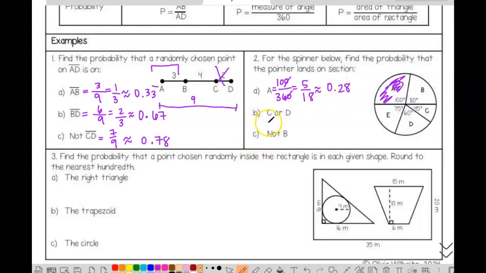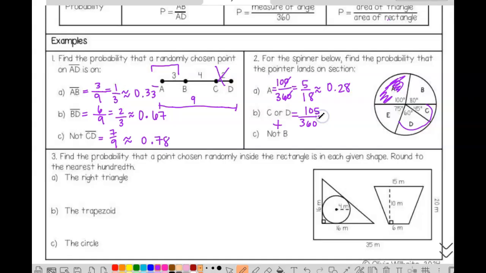Part B. C or D? What does "or" mean? Both. So what am I going to do? Add D and C. What is that total? 105 out of the 360 degrees.